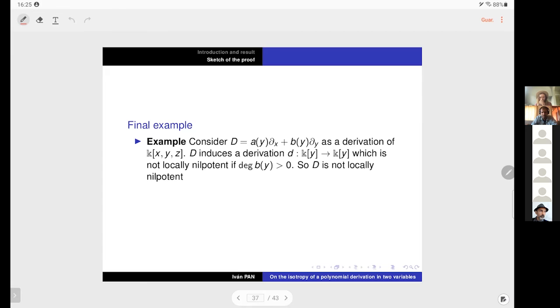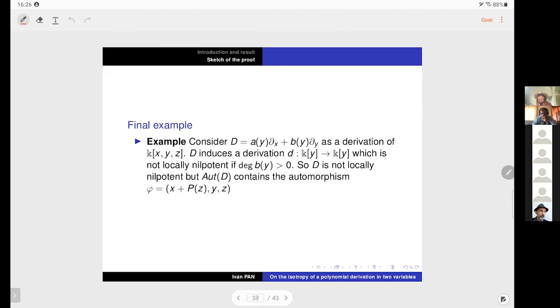And then capital D neither, because capital D is an extension of d, and then if d is not locally nilpotent, then capital D is not locally nilpotent.